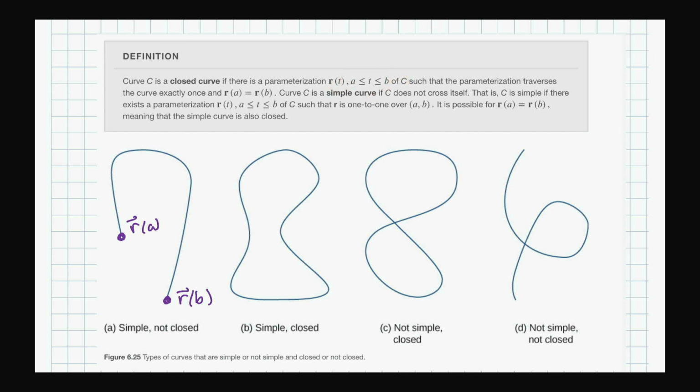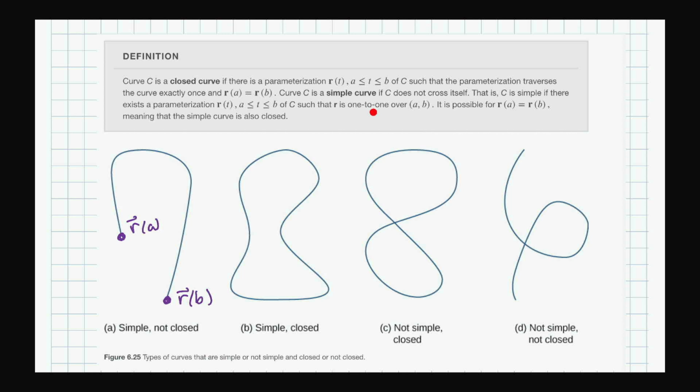I don't know where that would really be relevant, but we could have it. So, okay, that makes sense. And then they say curve C is simple if it does not cross itself. Okay, so they just say the words does not cross itself, or they say there's a parameterization of the curve that is one-to-one.